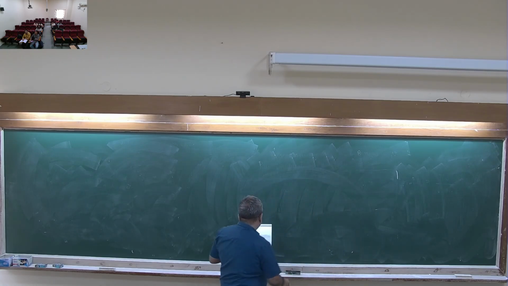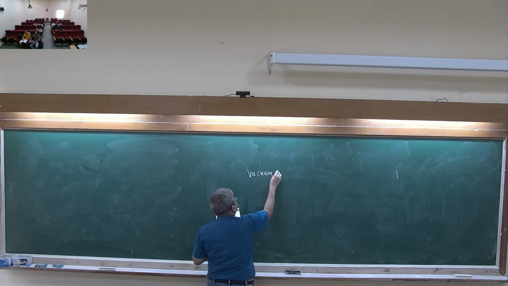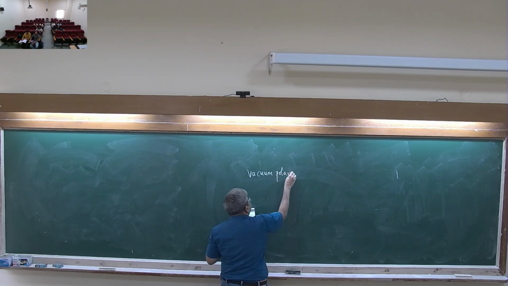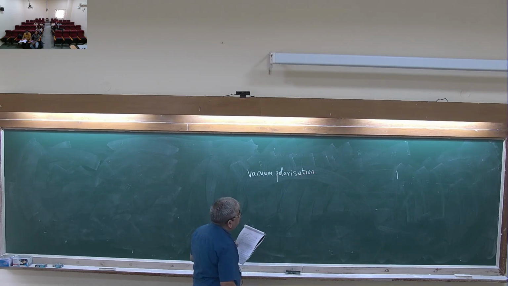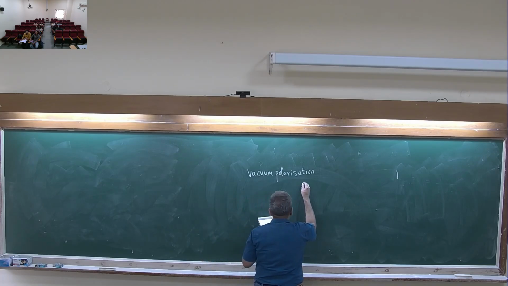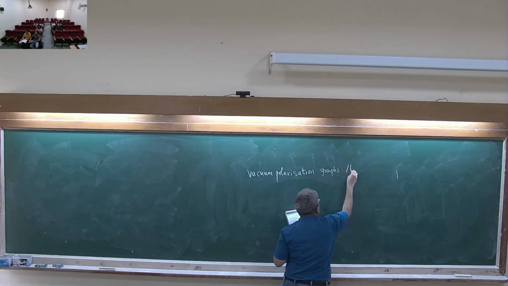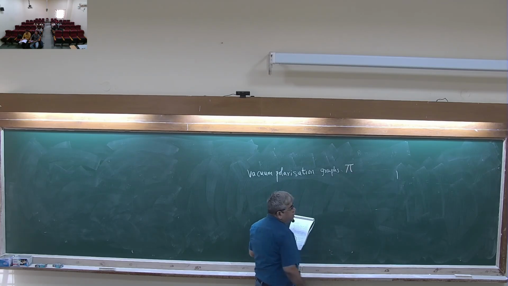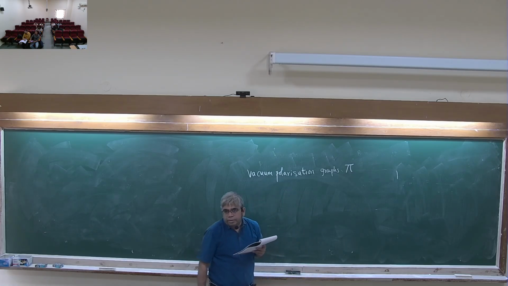All the vacuum polarization graphs, which we'll keep seeing, after regularization are essentially called pi. Now how many pi's are there? One of the biggest things in the standard model is gamma-Z mixing.